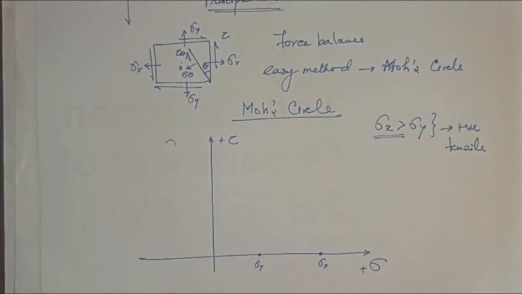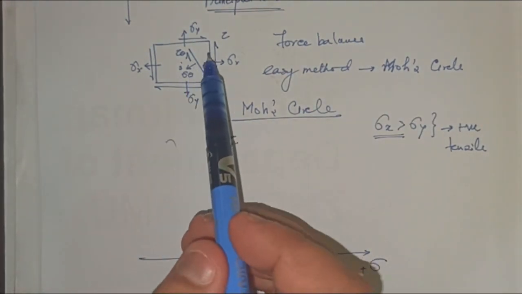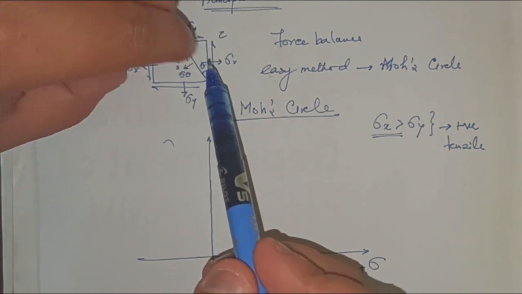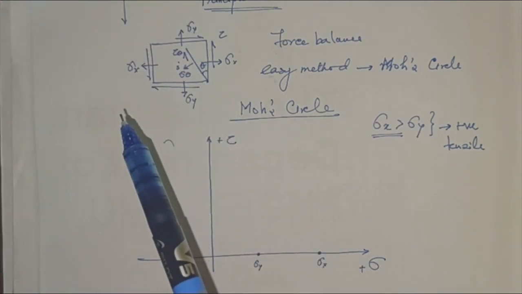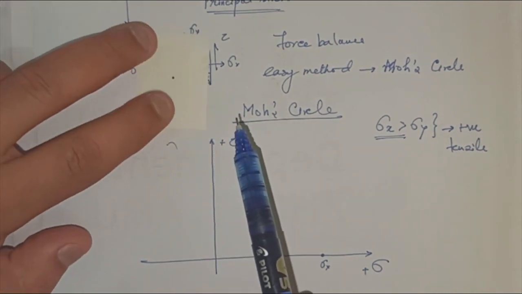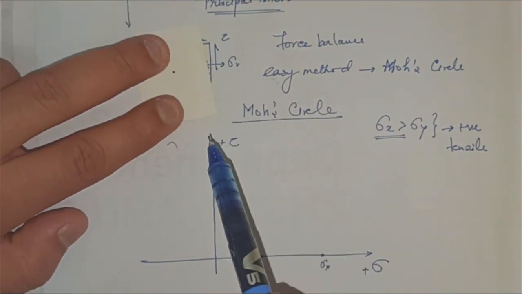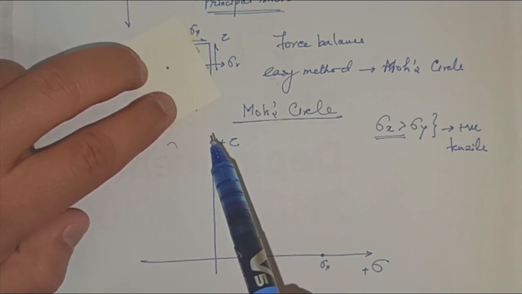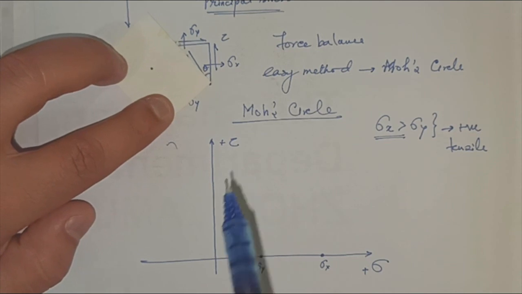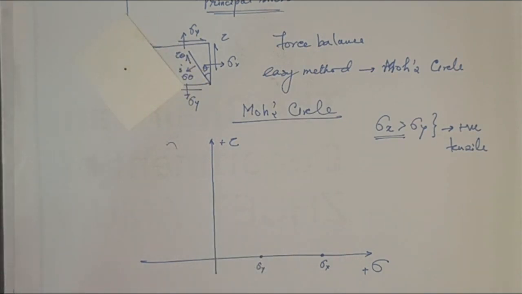Let's plot the shear stresses. So there will be one shear stress that will try to rotate this element in a clockwise fashion. This tau xy will try to rotate this element in an anti-clockwise fashion. If such happens, then we consider the shear to be positive.